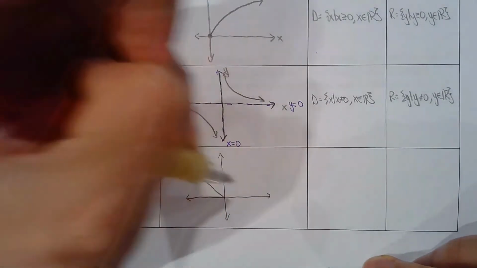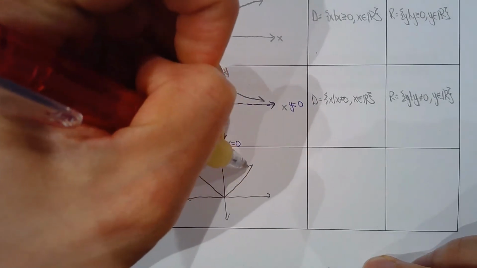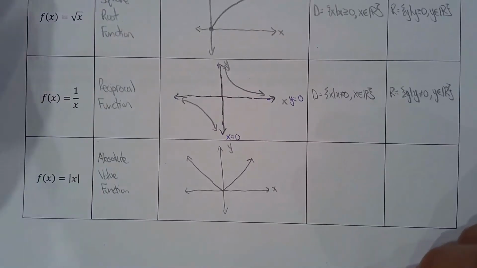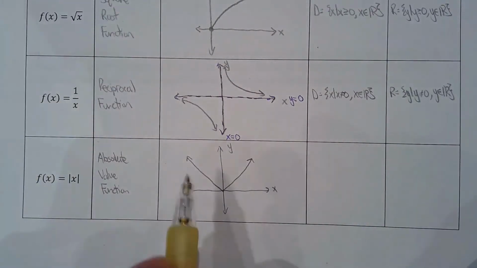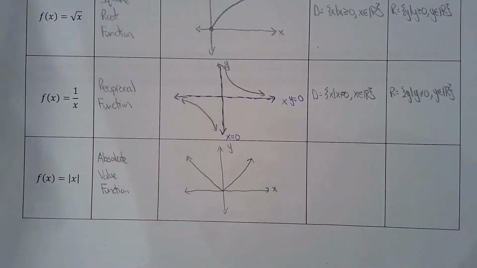It looks like a V. Why does it make sense to look like a V? Oh, and by the way, it's also symmetrical about the y-axis. I don't know if you can tell from my diagram or from my graph, but it is most certainly symmetrical with respect to the y-axis.